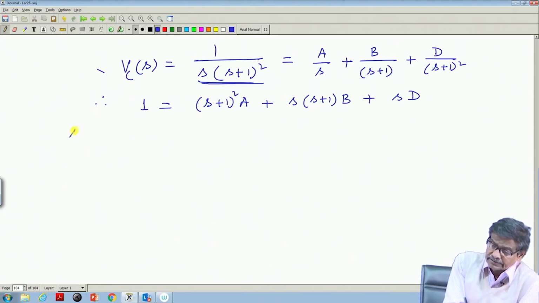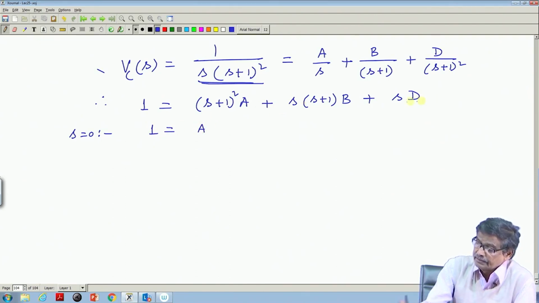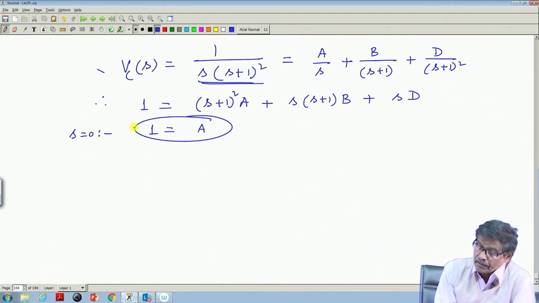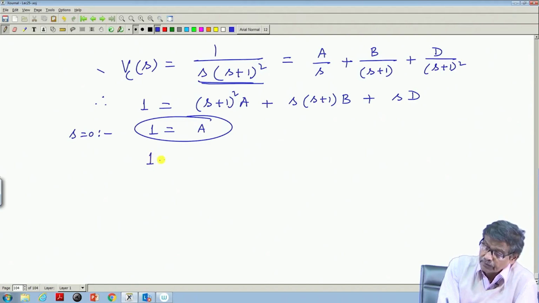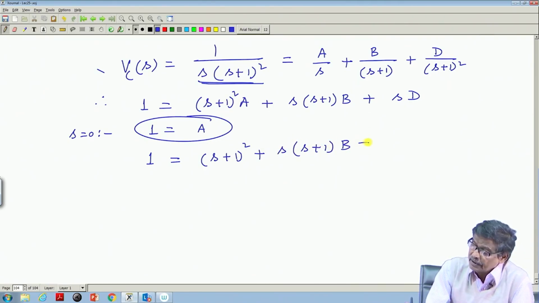So, s equal to 0 is a natural choice, as you can see, it will straight away give you the value of a. This term vanishes. So, a is 1 obtained. Therefore, I will write 1 is equal to s plus 1, I rewrite that, plus s into s plus 1 into b plus s into d.